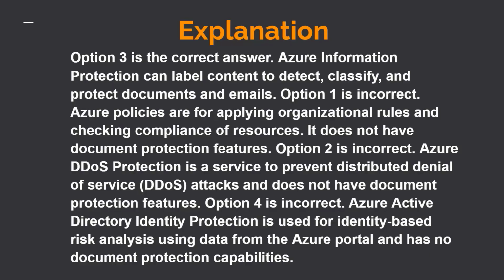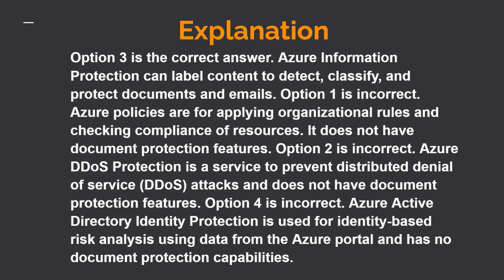Explanation. Option 3 is the correct answer. Azure Information Protection can label content to detect, classify, and protect documents and emails. Option 1 is incorrect. Azure policies are for applying organizational rules and checking compliance of resources. It does not have document protection features. Option 2 is incorrect.